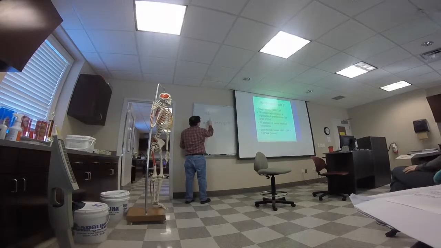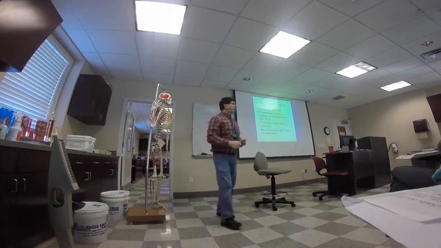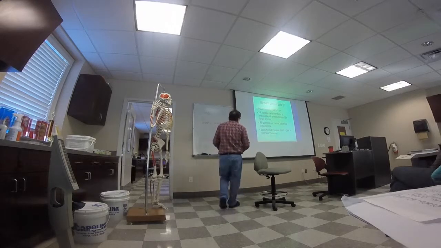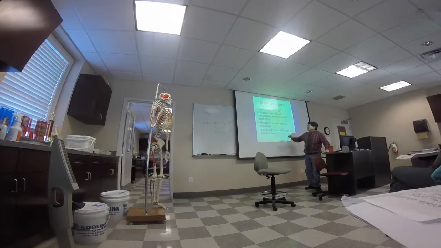The mean arterial pressure would be 60 plus a third of 120 minus 60, which is 60. So 60 plus 20, it's 80. Notice that it's only a third of the pulse pressure, not half of the pulse pressure. It's only a third of the way up to systole.